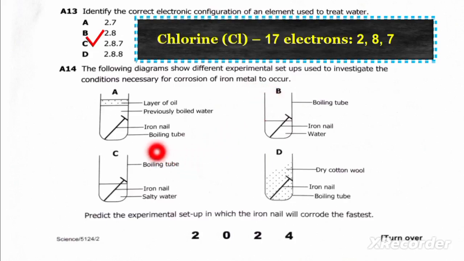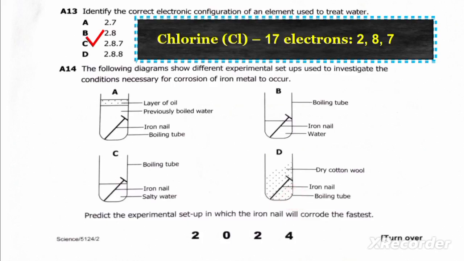Here we have a layer of oil, previously boiled water, iron nail; boiling tube, iron nail, water; boiling tube, iron nail, salt water; dry cotton wool, iron nail, boiling water. The question continues: predict the experimental setup in which the iron nail will corrode the fastest.